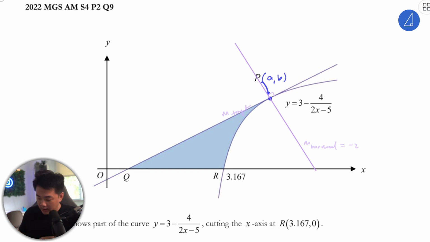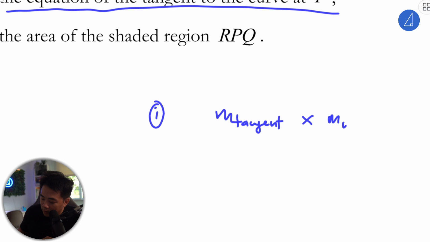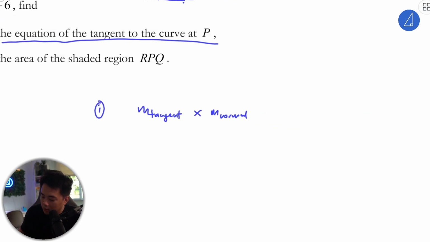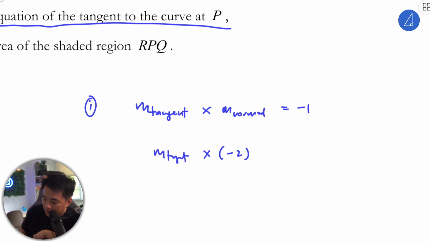We know m tangent multiplied by m normal is -1, and m normal is -2, so m tangent will be half, right?